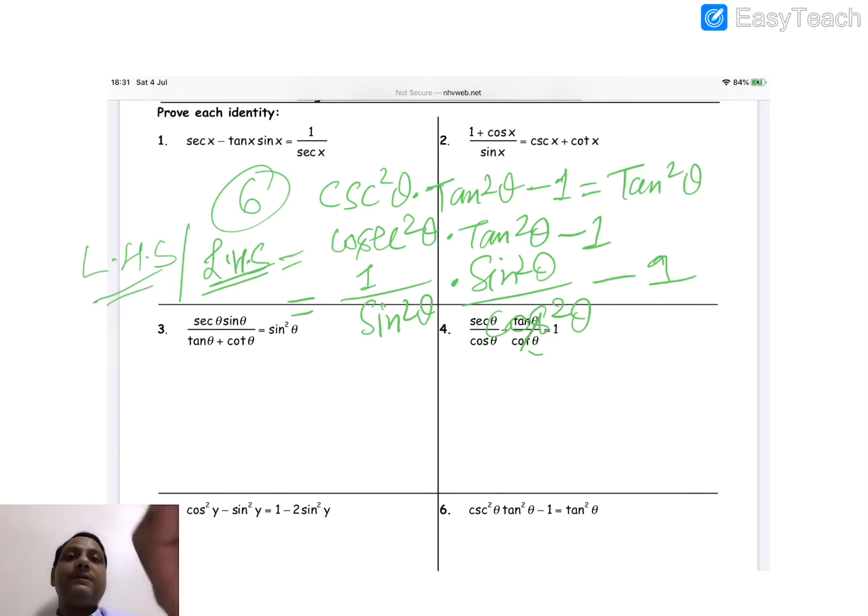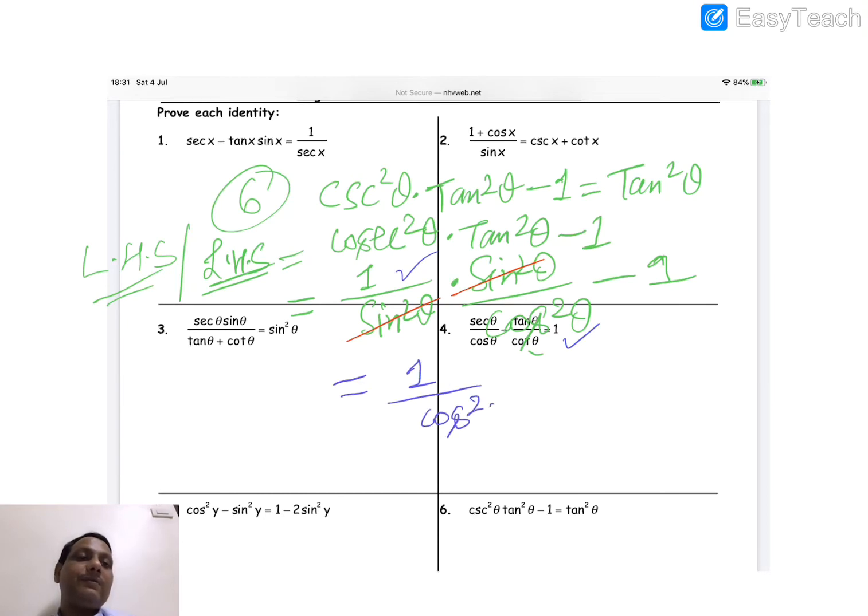As you see here, this is up and down, so sine and sine got cancelled, so we practically get 1 over cos square theta, then minus 1, and this is going to be, as you are seeing, 1 over cos theta is sec theta, so this is sec square theta minus 1.